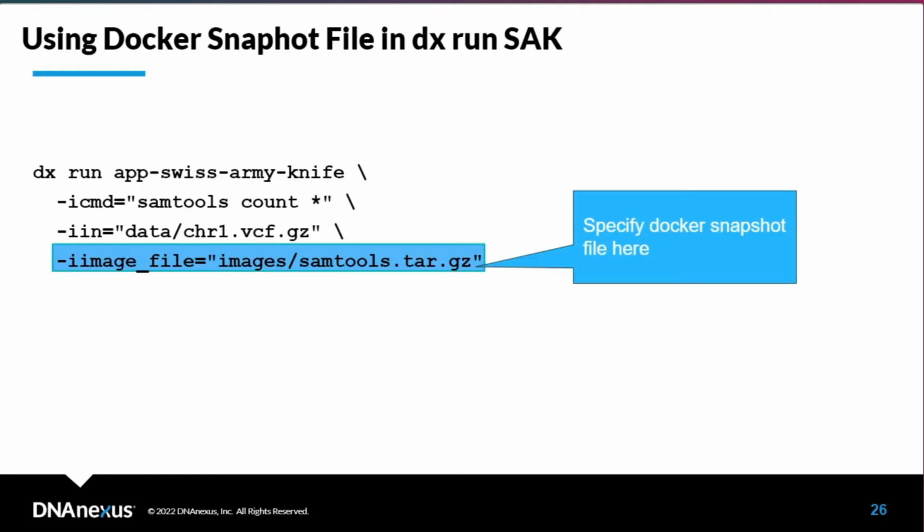When you run it on the command line, we use dx run to execute apps. Here you can see there is an input called image_file, and this is where you would supply that snapshot file. As a quick overview, we'll run Swiss Army Knife, and we're going to pass in this VCF file from our data folder, and we want to run samtools count on that. This should actually generate an output file, but I just wanted to give you the basic idea.